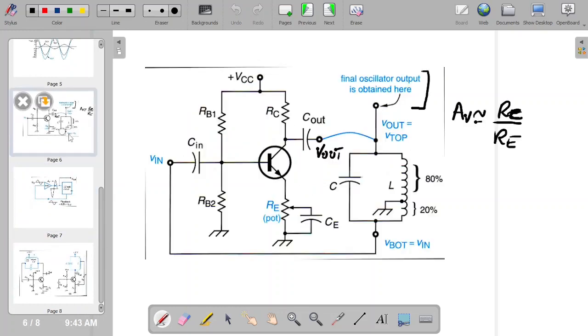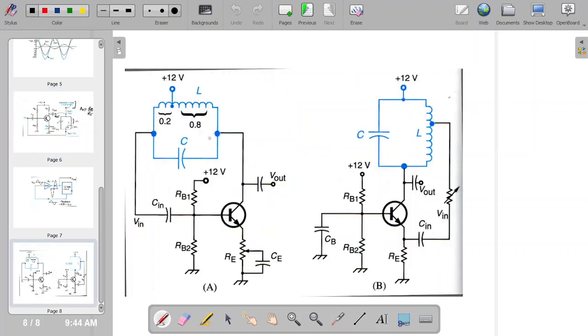Okay, so this is the schematic he uses in his book to explain, but in reality it's a little bit more complex, because usually this is a common emitter here, the amplifier, and this is a common base.